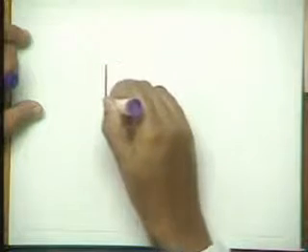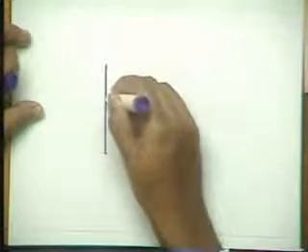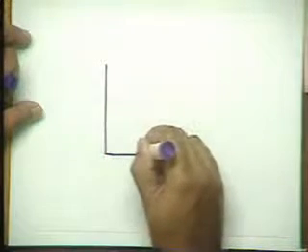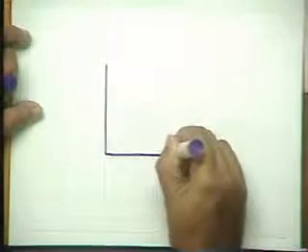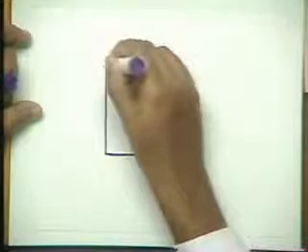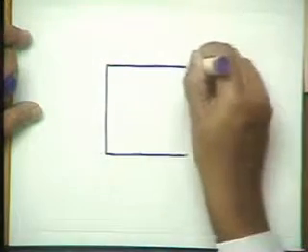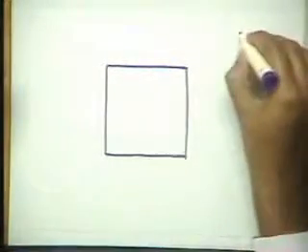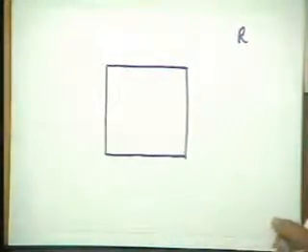There is no seed growing or pixel aggregation. Let us take a square image, and this entire region we call region R.